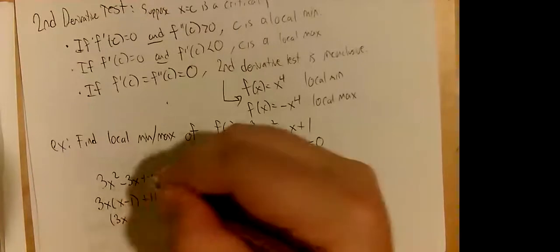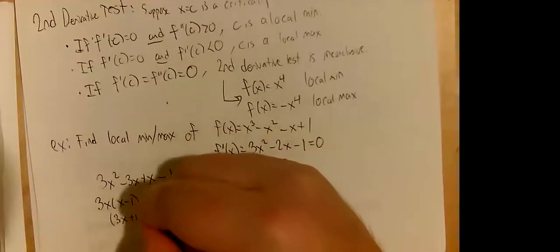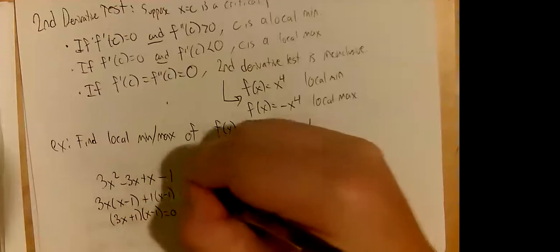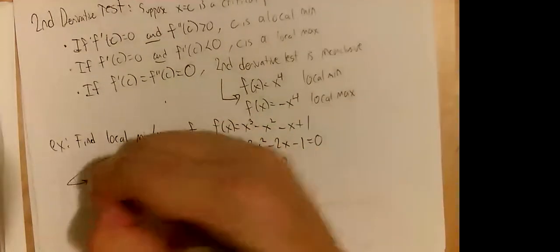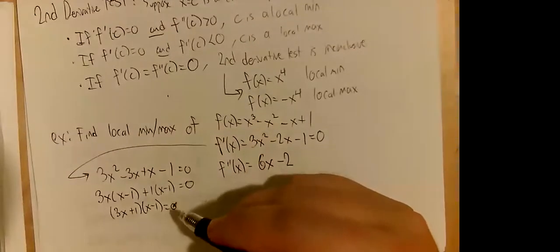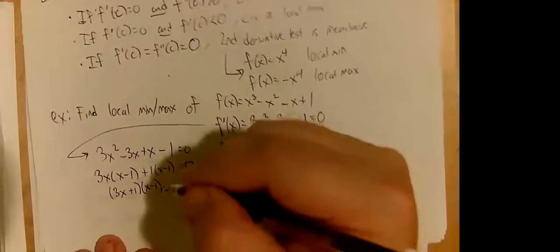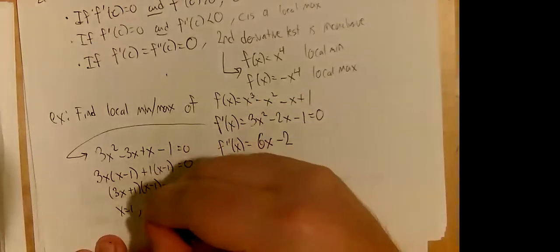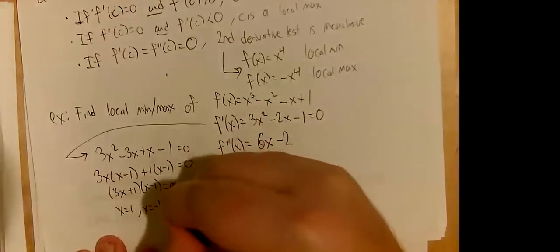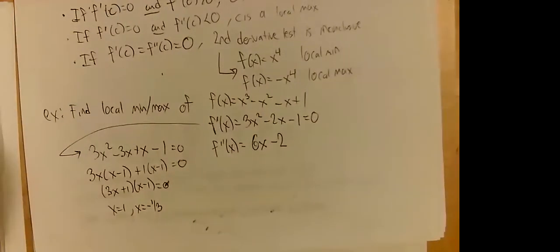We end up with 3x plus 1 times x minus 1 equaling 0 for our f prime equation. So this leads us to two critical points. We have x equals 1, and if we set the other part equal to 0, we'll have x equals negative 1/3. So those are our critical points.